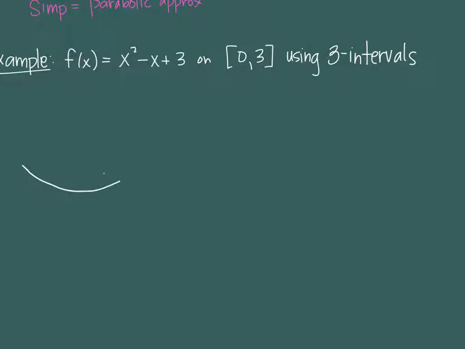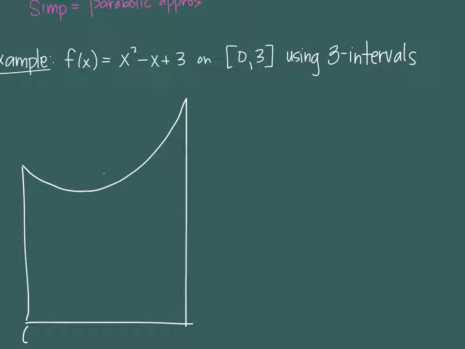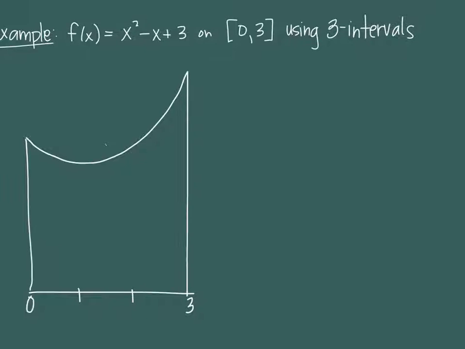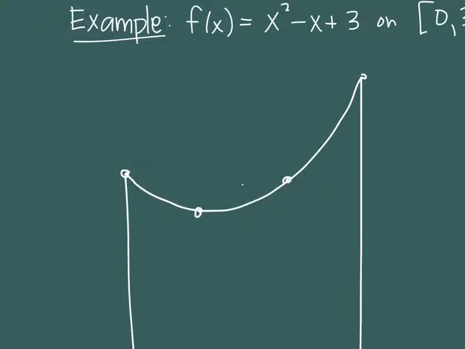Okay, here is what the function looks like. From 0 to 3, divide that into intervals. I've already done the math on this to prepare, and so the coordinates are 0, 3, 1, 3, 2, 5, and 3, 9.